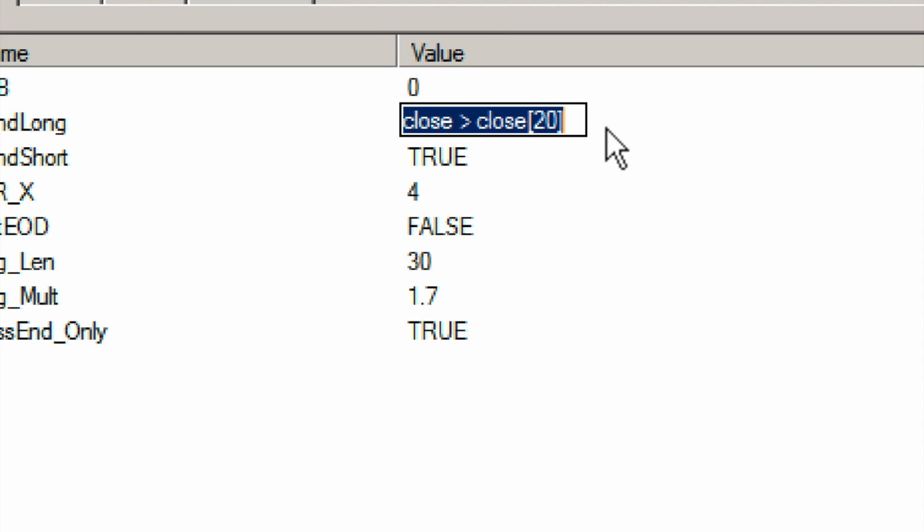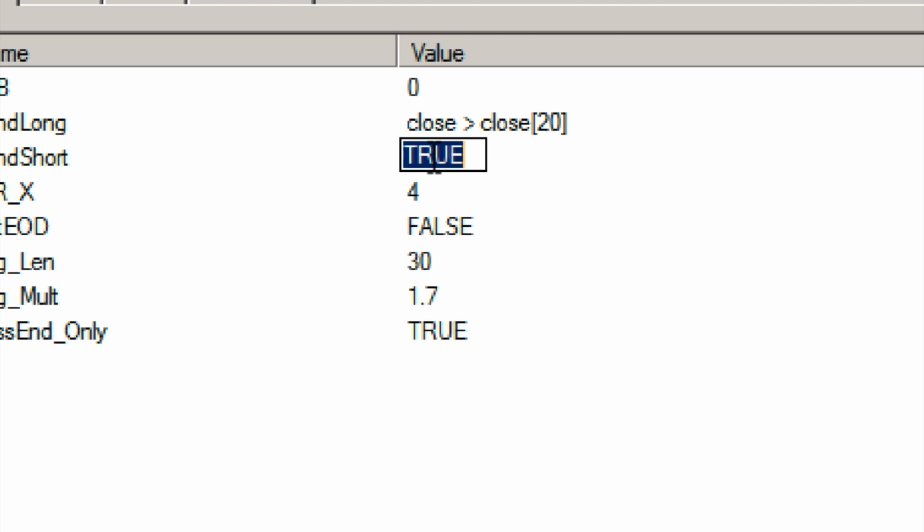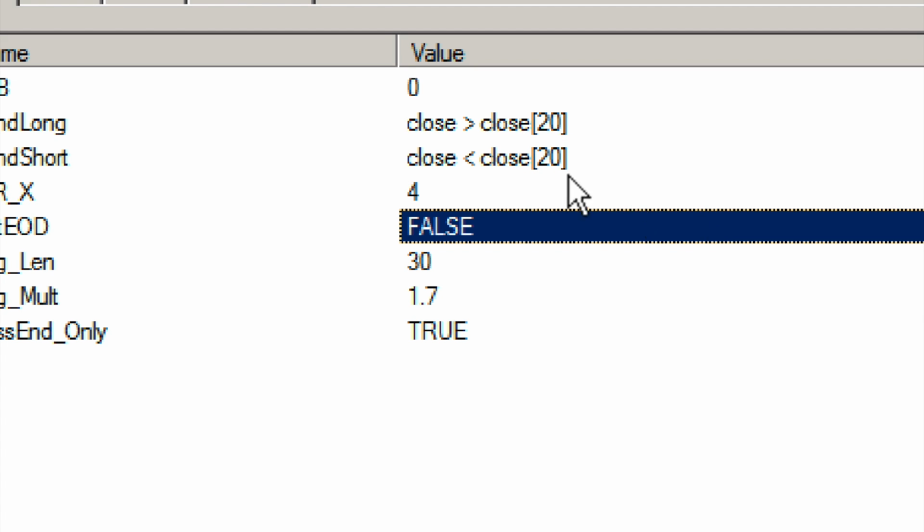So this is going to act as a filter that the close of today, the current close on that bar, I should say, on the current 15-minute bar, it has to be larger than the close 20 bars ago. And likewise for the close, it has to be less than the bar from 20 bars ago for a conditional short. Now I just picked 20.